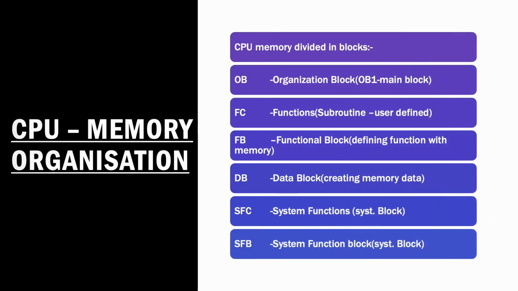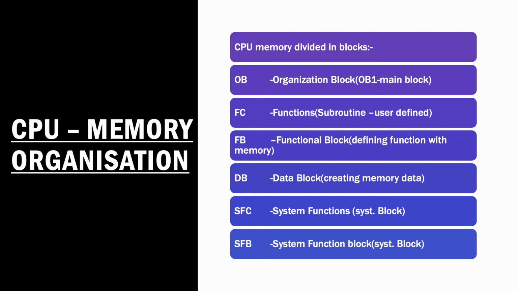CPU memory organization. In Siemens, CPU memory is divided into blocks like OB, FC, FB, DB, SFC, SFB. These blocks you can use in logic design. OB is the main organization block, also called the main block, or in other words the main routine.